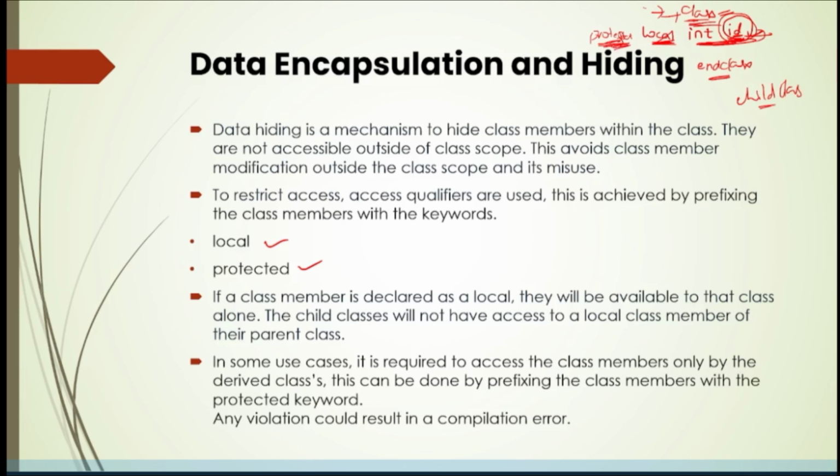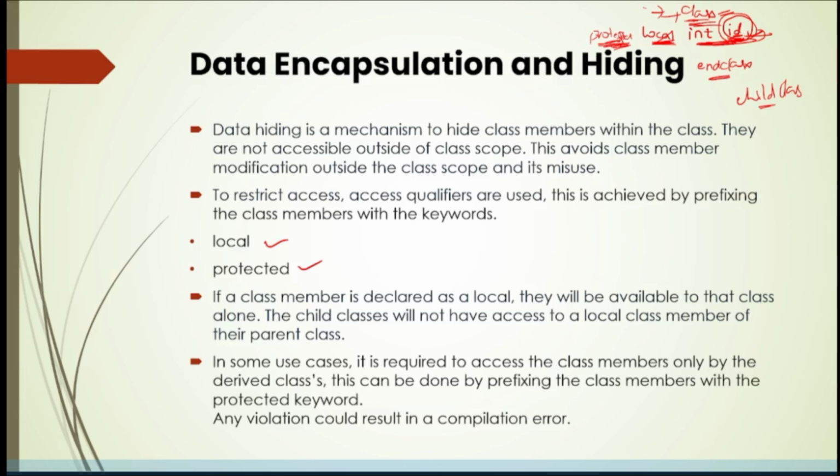Let me give you a small hint in order to know how to differentiate between local and protected. Local means within that. Whom do we call locals? Persons who are staying in that particular area, you call them locals.